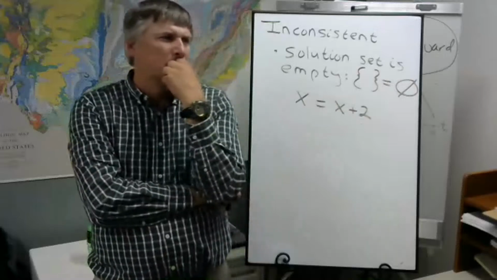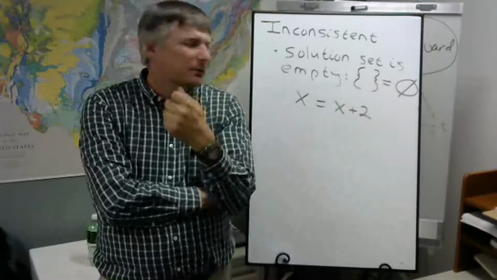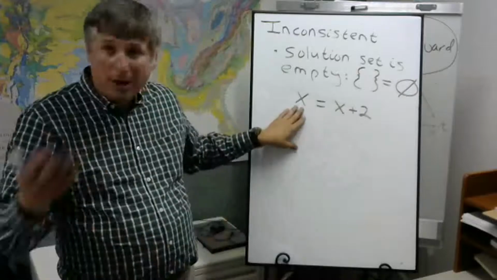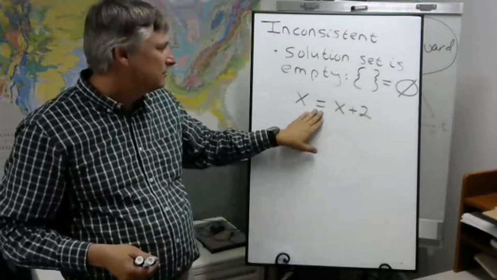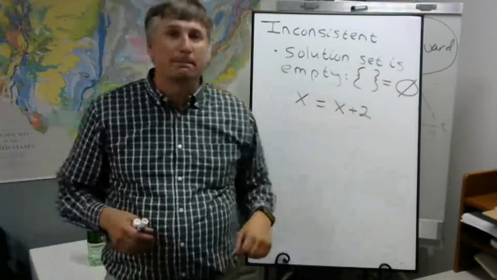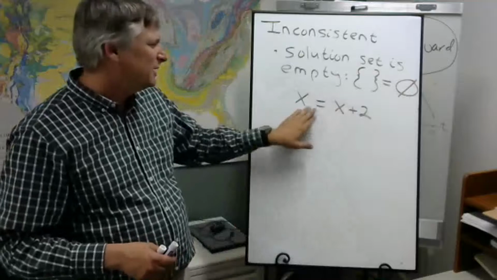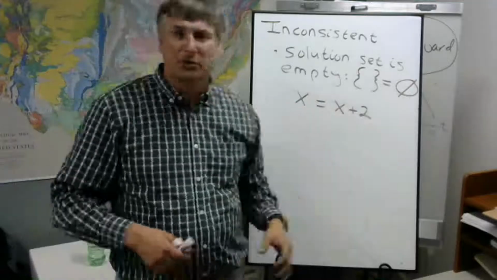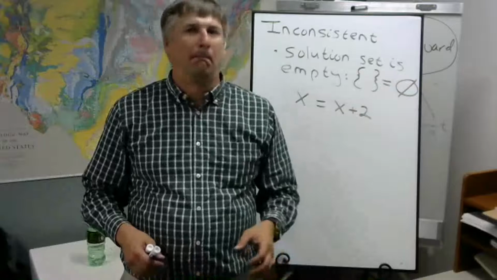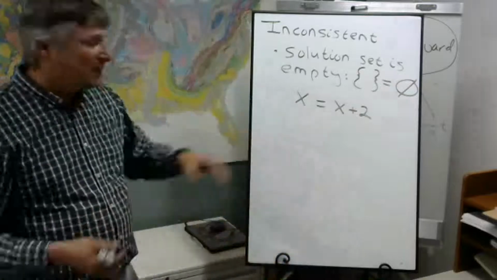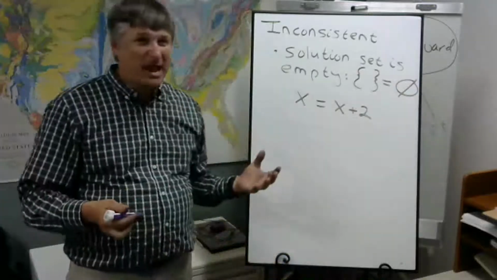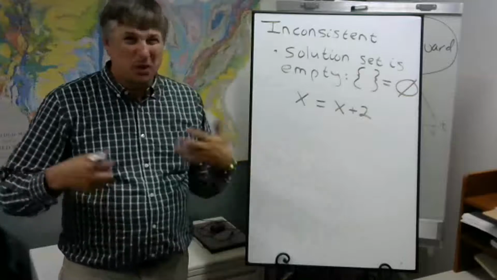Think about it. Is there a number, or quantity, that is equal to the same quantity plus 2 more? Is $7 equal to $7 plus 2 more dollars? No way. And if you try to solve for x, you'll get sort of a weird result.